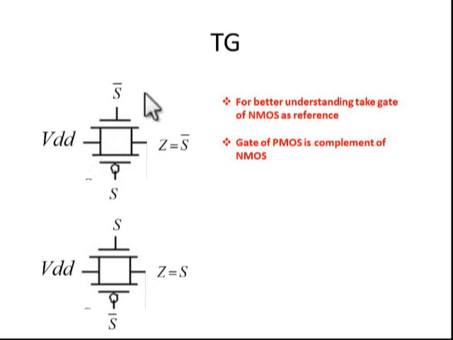So 1 dot S bar we will get S bar. Suppose if we interchange S bar with S, the function will give Z equal to S. And one more thing we should keep in mind: the gates of NMOS and PMOS are complements. These things we should keep in mind.